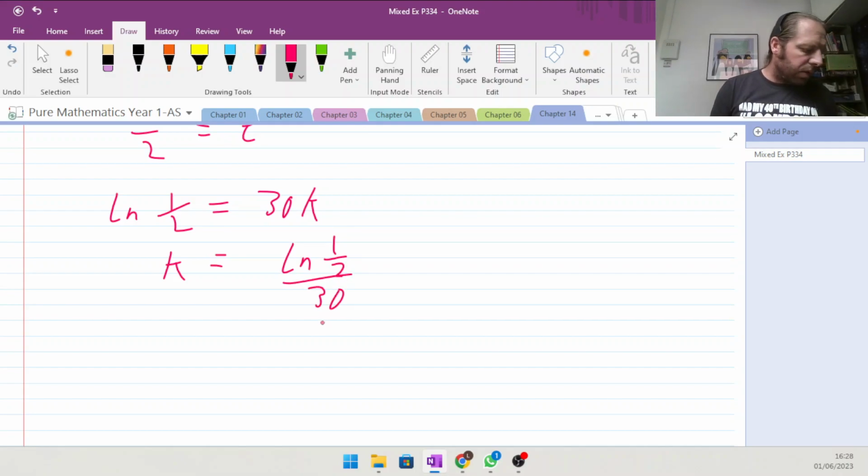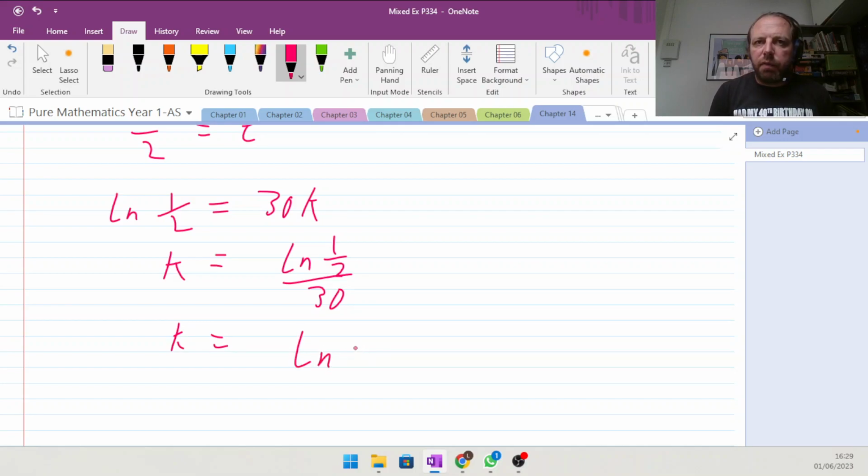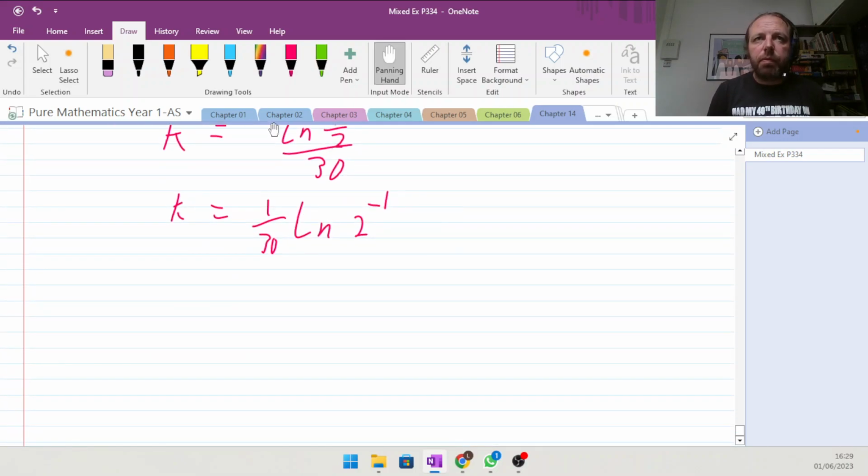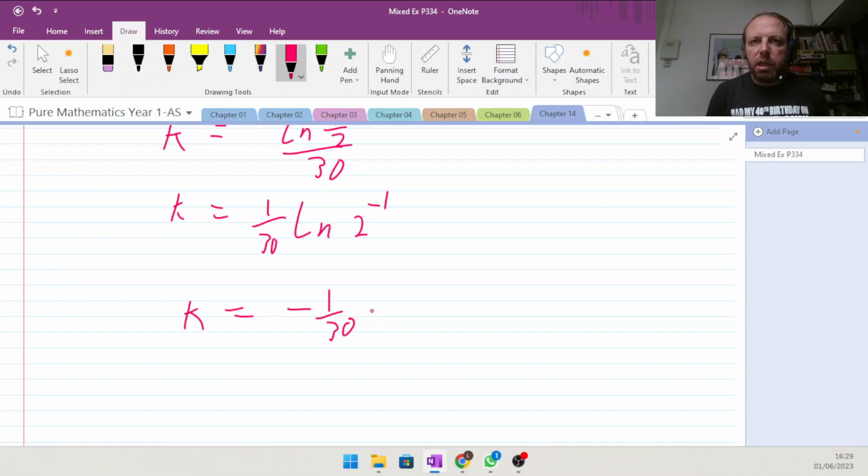Okay, so they want it as k is equal to c ln 2. So how can we get that out as a constant, and how can we get that as a 2? So k is equal to the ln of 2 to the minus 1 multiplied by 1 over 30, and k is equal to minus 1 over 30 ln 2.